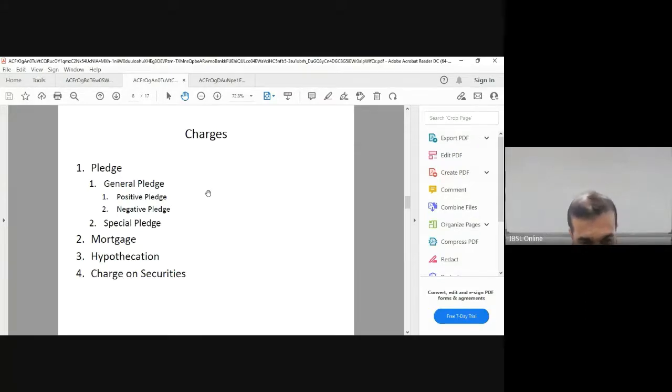The difference between positive and negative is that in positive pledges we don't trust the customer, so they have to bring the goods and put them in our custody, whereas in negative pledges we 100% trust the customer and allow him to keep them.